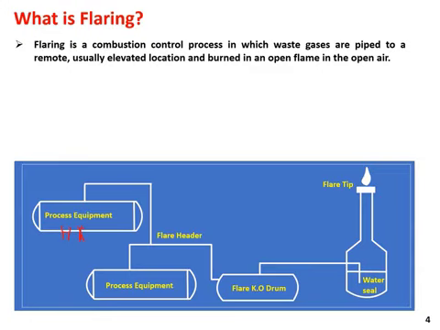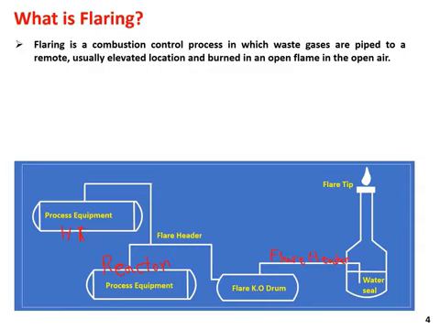It can be a reactor, or any other type of process system. They are all connected to a piping network that we call the flare header, and even this piping can also be called the flare header.